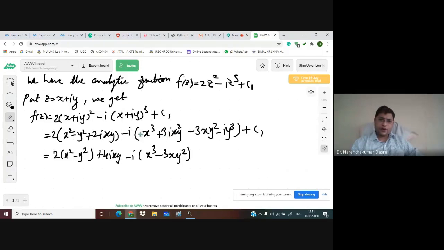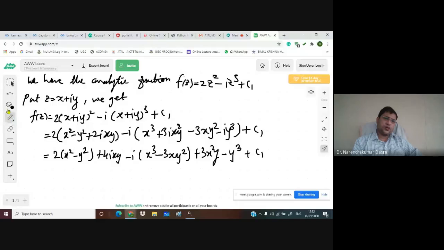And if I multiply by this minus i, I square is minus, and already there is a minus, so plus 3x square y. In this case we have minus minus, so this will be minus y cube. Because already we have minus, this minus will become plus, and i square is again minus, and plus c.